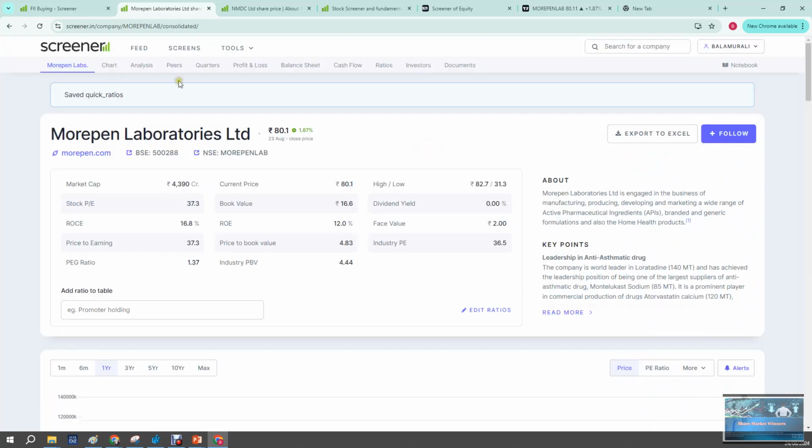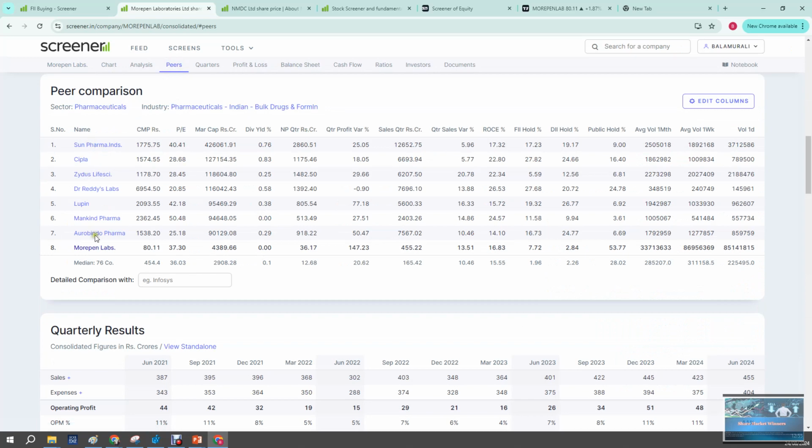Then you will have to dig further down, like peer analysis. If you can see, there are a lot of peer companies. Sun Pharma has a very large market cap, and compared against them this one is very small, a micro level. If you look at the DII and FII holding, they are holding a good amount of investment, which means they are investing.